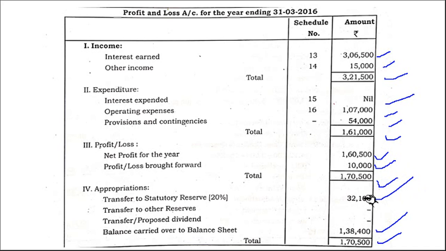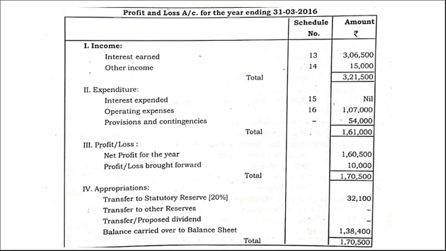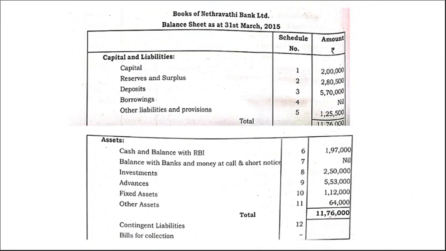Where we are supposed to write these two? In the second schedule. Reserves. Right? Statutory reserve 32,100. Profit and loss account 1,38,400. Clear? Then we are going to prepare the balance sheet, the final.